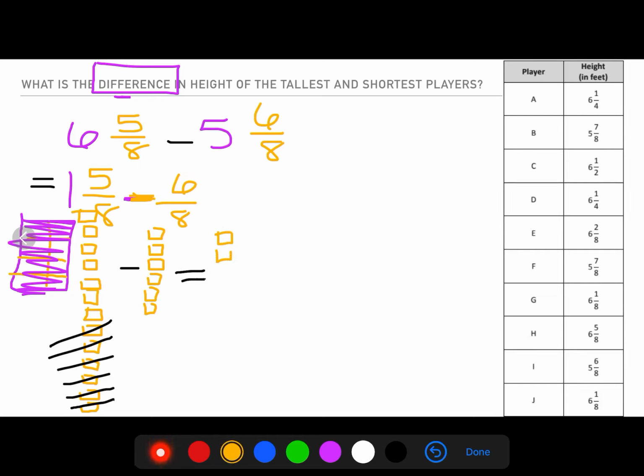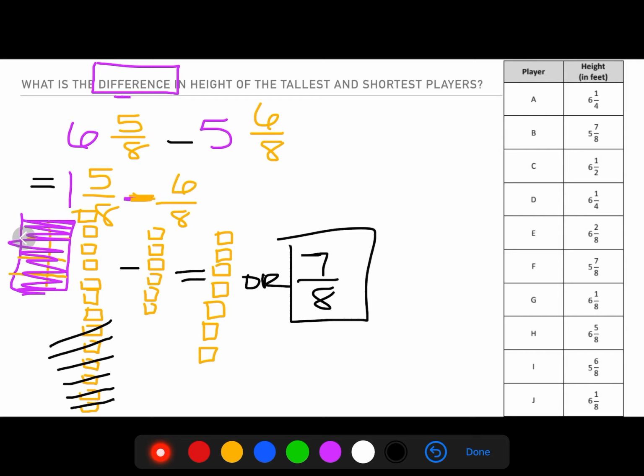That's right, 7 eighths. 1, 2, 3, 4, 5, 6, 7. Or 7 eighths. The difference in height of the tallest and shortest players is 7 eighths feet.